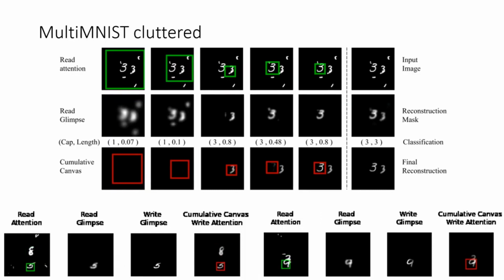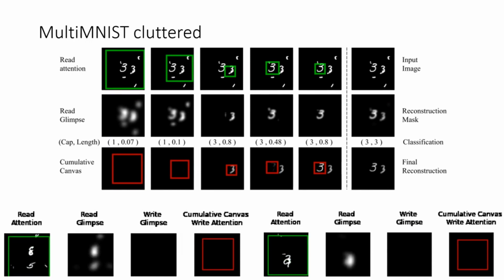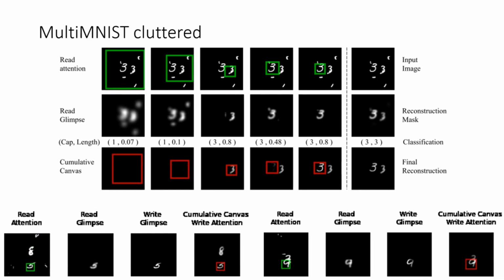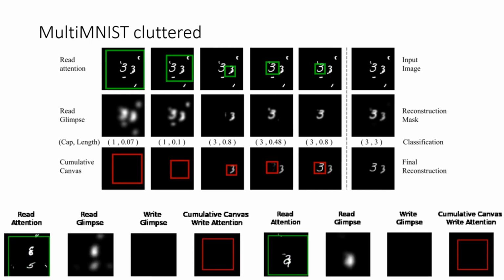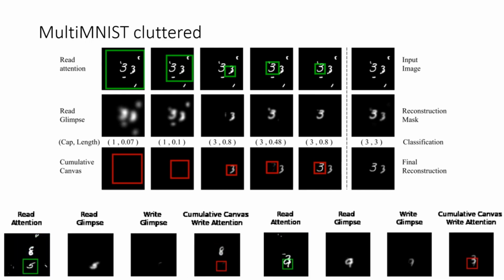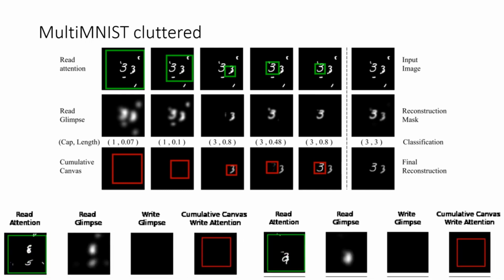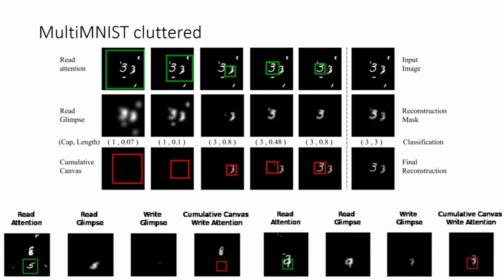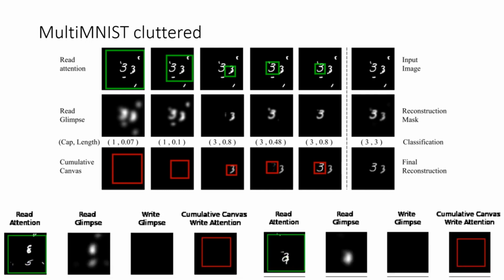The multi-step process in the model is shown here on a sample image from a MultiMNIST cluttered test. The images are generated from placing 2 randomly selected digits and 6 clutter pieces from other digits on a blank canvas. Okra's read attention is overlaid on the image in the first row. The second row shows the read glimpse in image dimensions at each step.